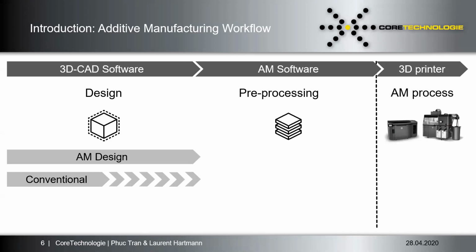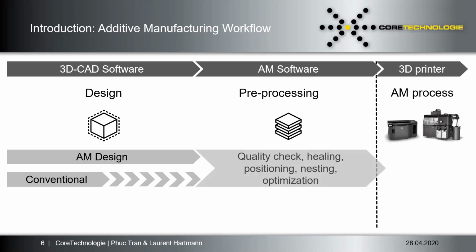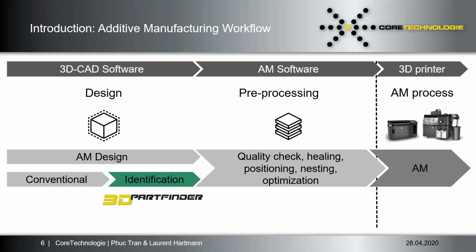designing department, therefore we have a huge gap between the designing and the AM process, because before you do the pre-processing, the quality check, the healing, the positioning and nesting, you need to identify parts which are suitable for your new manufacturing process, so for the additive one.